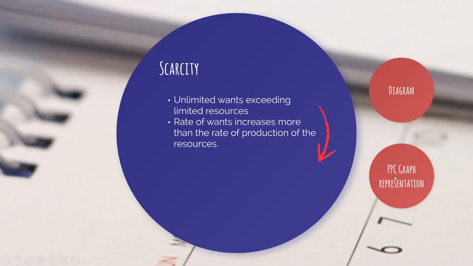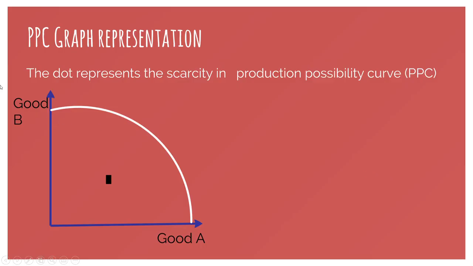Let's check the PPC graph representation. The dot represents the scarcity in the production possibility curve, or PPC. PPC will also be covered in further videos, but I need to tell you the basic thing.